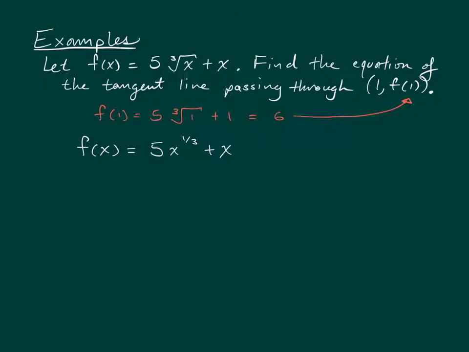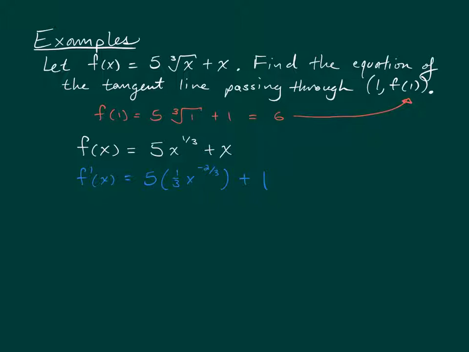So the derivative f prime of x will be 5 times 1/3 x raised to the negative 2/3 power plus 1. That is, the power comes to the front. You subtract 1 away from 1/3, you get negative 2/3. The derivative of x is 1.